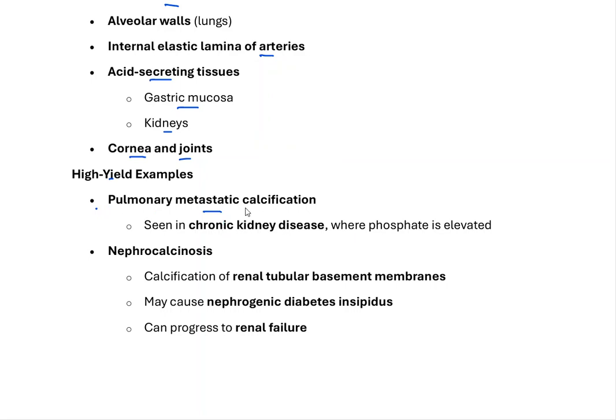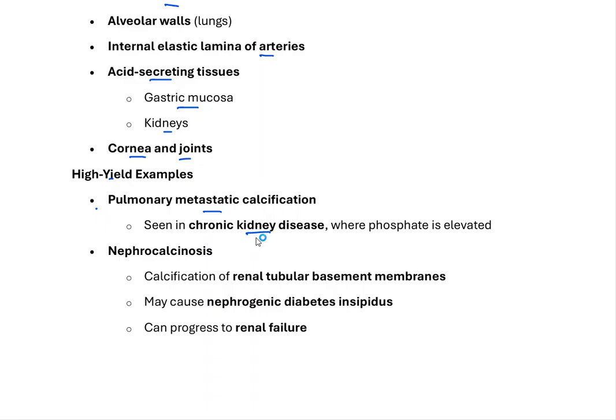So this is seen classically in patients with chronic kidney disease, because as we know, in patients with chronic kidney disease, there's a deficiency of vitamin D. So there's hypovitaminosis D, right? One. And then number two, the PTH cannot work on the kidney anymore, right? Remember, where does PTH work? Very good.